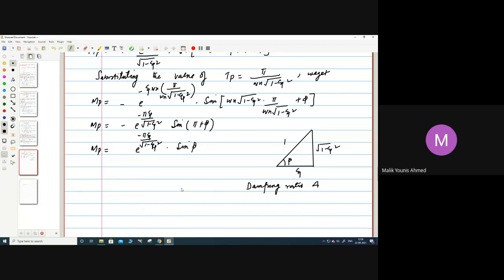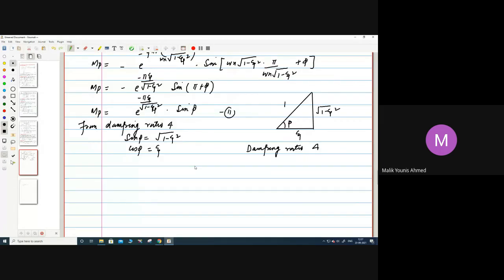Damping ratio triangle is like this. So from damping ratio triangle, what we have? Call it equation number 2. From damping ratio triangle, we know sine phi is under root of 1 minus xi square, whereas cos phi is xi.